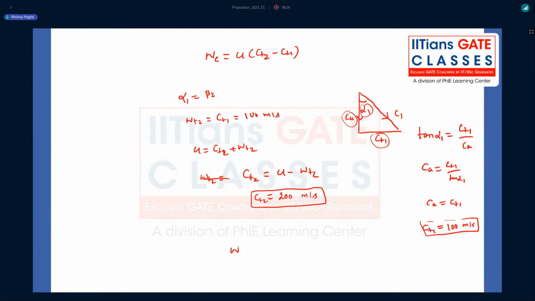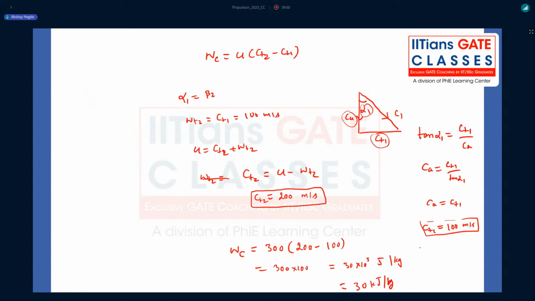Now I can calculate the work done by the compressor as 300 times (200 minus 100). That is going to be 300 times 100, or 30 into 10 to the power of 3 joules per kg, or 30 kilojoules per kg.